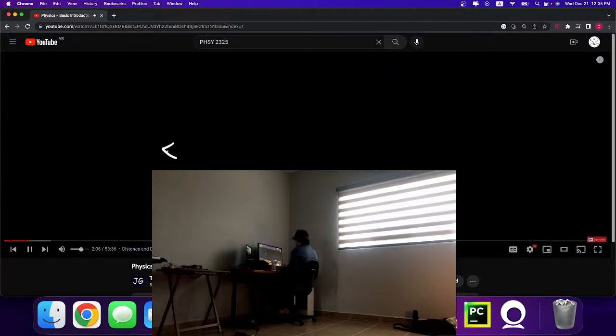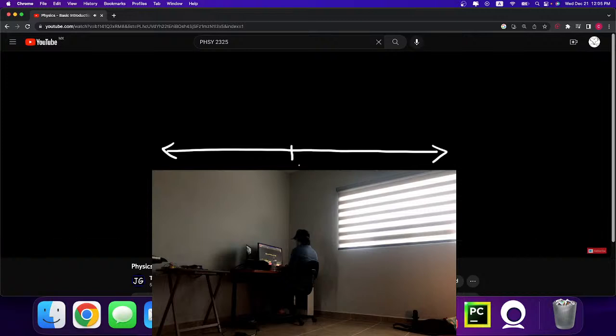So let's say we have a number line, and let's say this is position 0. So John traveled 8 meters east. So now he's at position 8 on a number line. So during the first part of his trip, his displacement was positive 8.